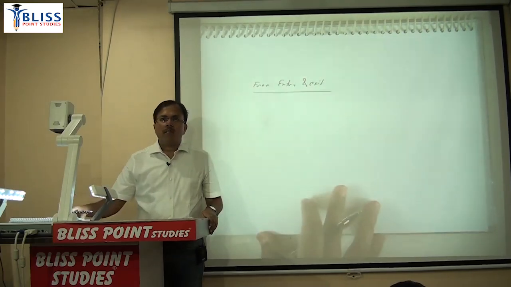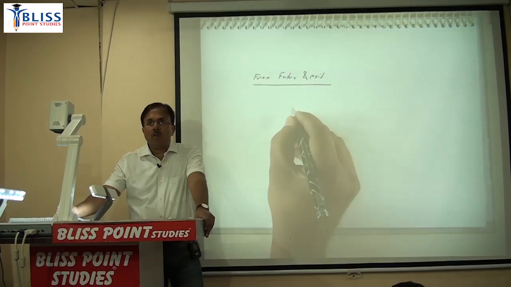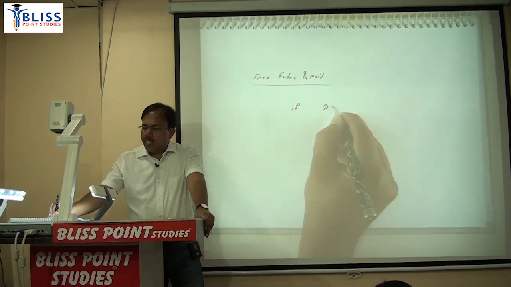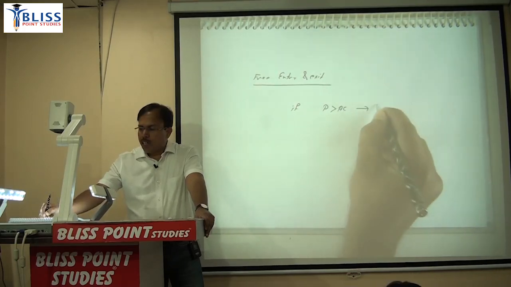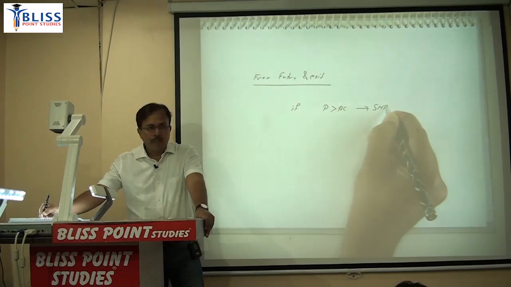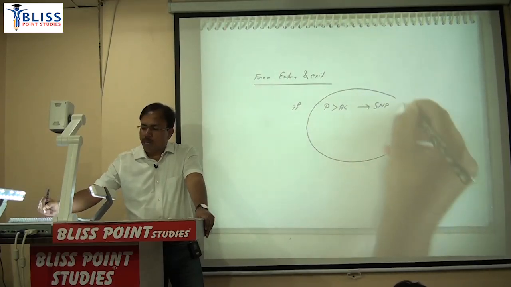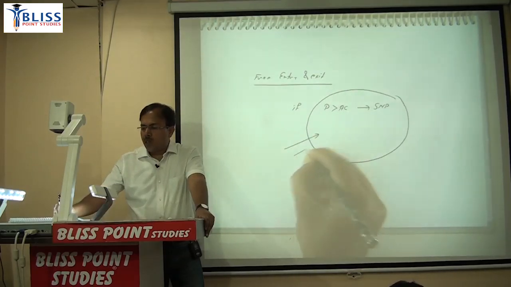No legal restriction. Free entry and exit means that in the long run all firms will have only normal profit, because if price is greater than average cost, then it implies supernormal profit. If supernormal profit is earned by firms in the market, then new firms will enter the market.